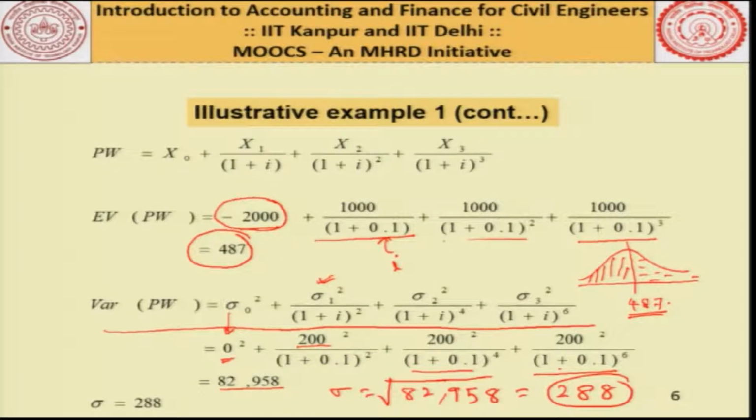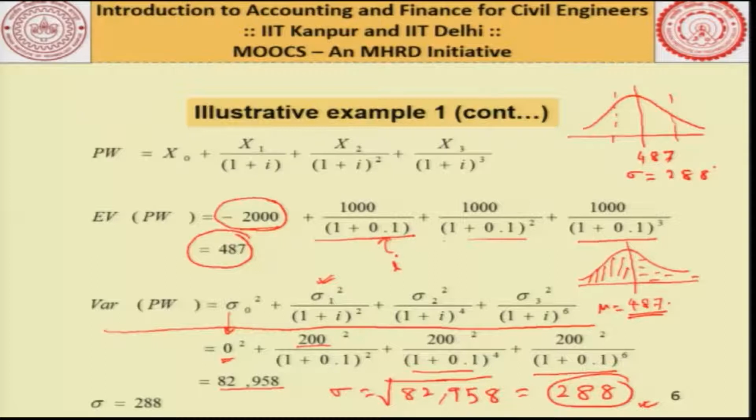So, what you find here is that mu is 487 for overall expected value of net present worth, and the standard deviation associated with that is coming out to be 288. So, that means, as you know, when you draw this, standard deviation is 288 here.